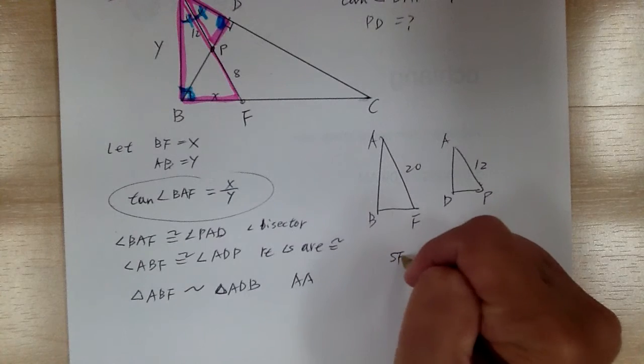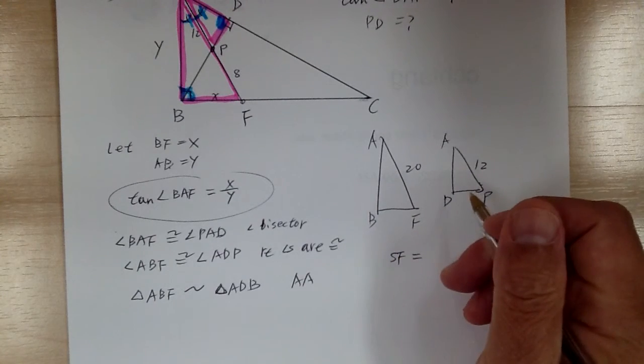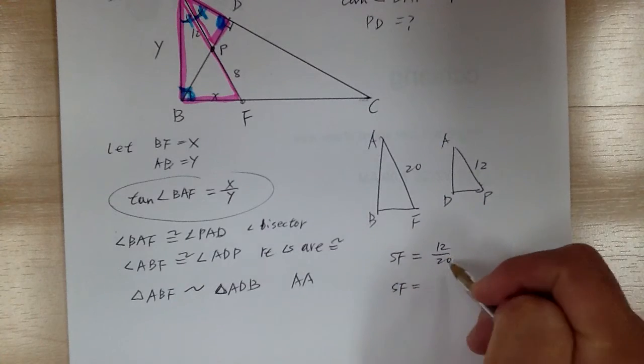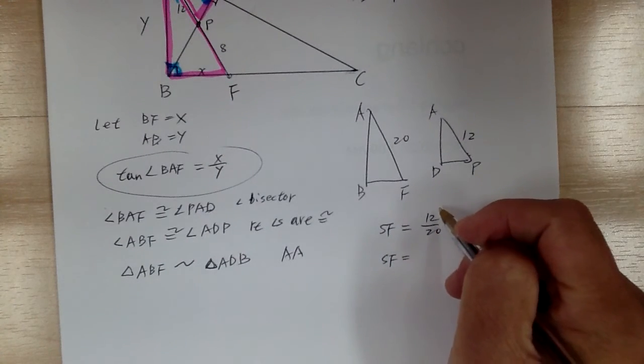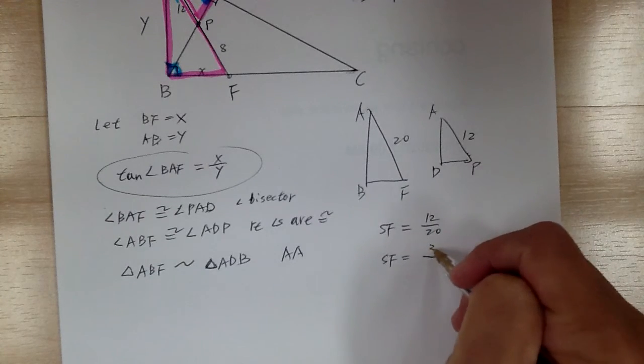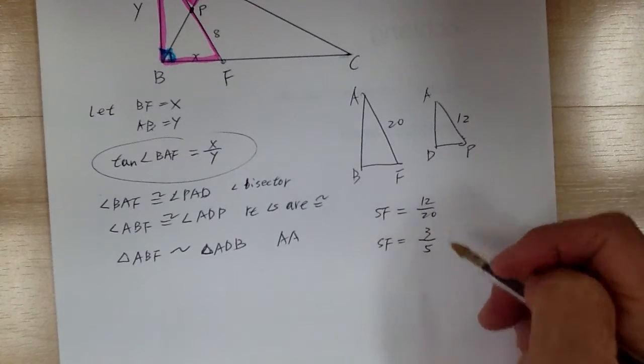So the scale factor is equal to 12 over 20. Divide by 4, you get 3 over 5. So that's your scale factor.